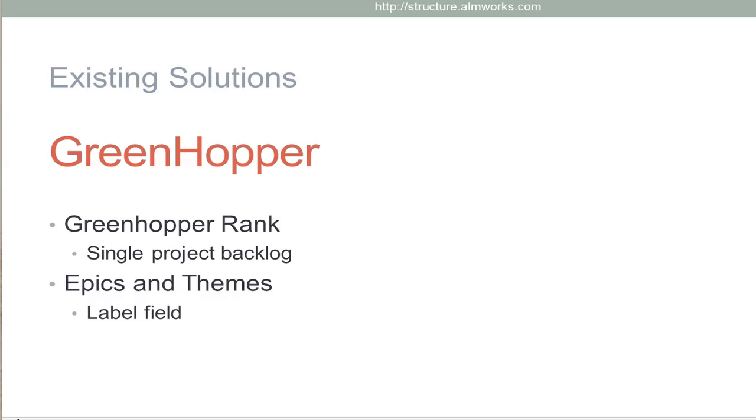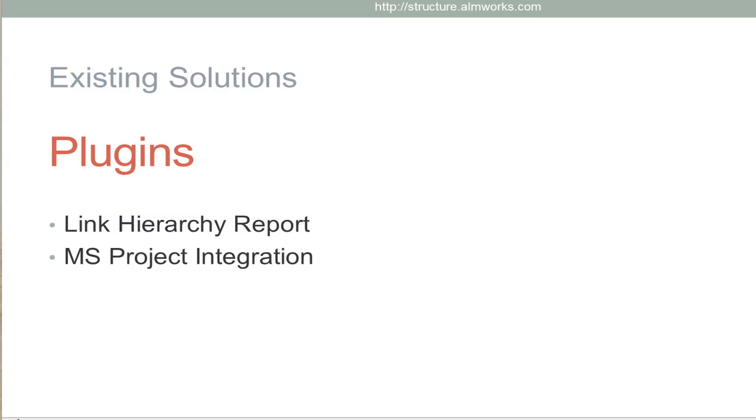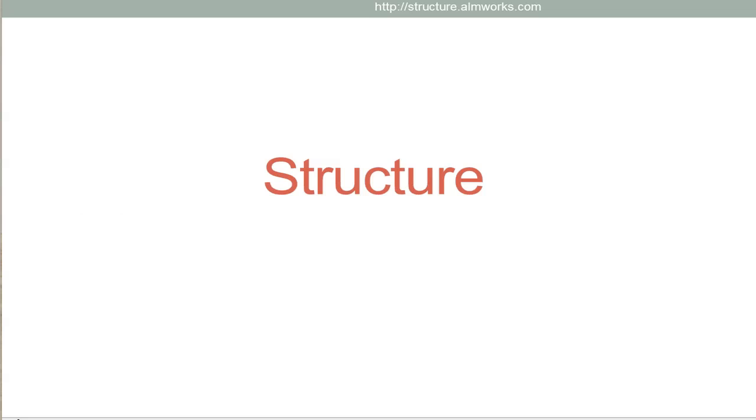Epics and Themes in Greenhopper add another layer to the available hierarchy of stories and subtasks, which is just another step. It's not a complete solution. There are also some plugins like Link Hierarchy Report and several Microsoft Project integration plugins. All of them do not solve this problem at a fundamental level.